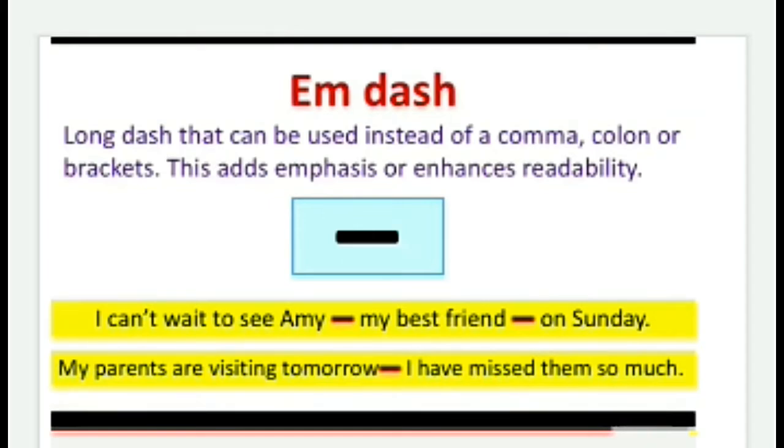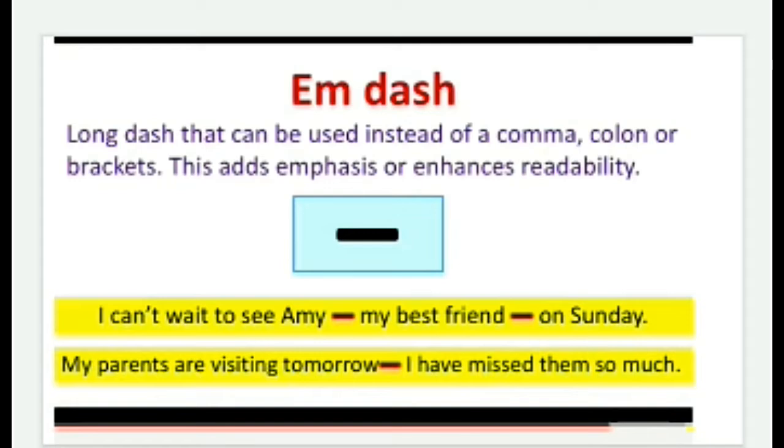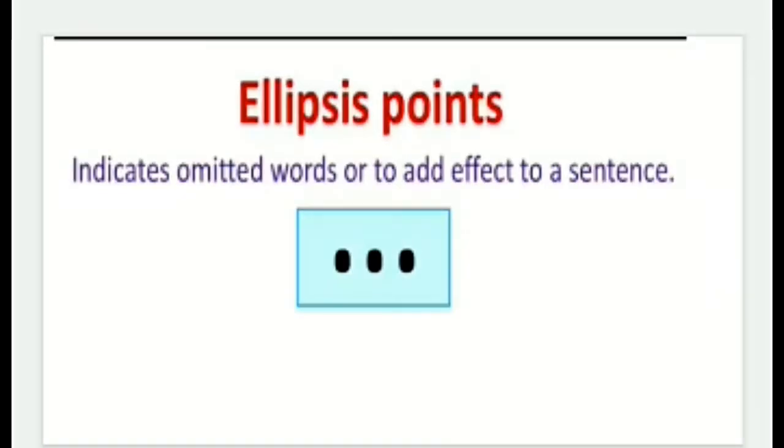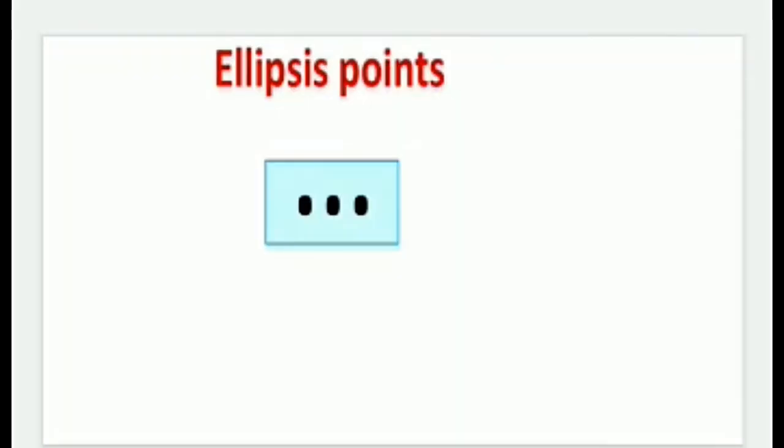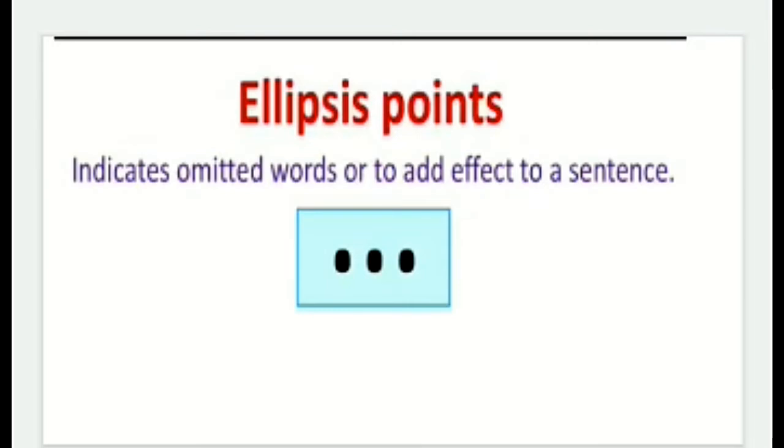And the final punctuation mark we see is the ellipsis points. Ellipsis points indicate omitted words or add effect to a sentence.